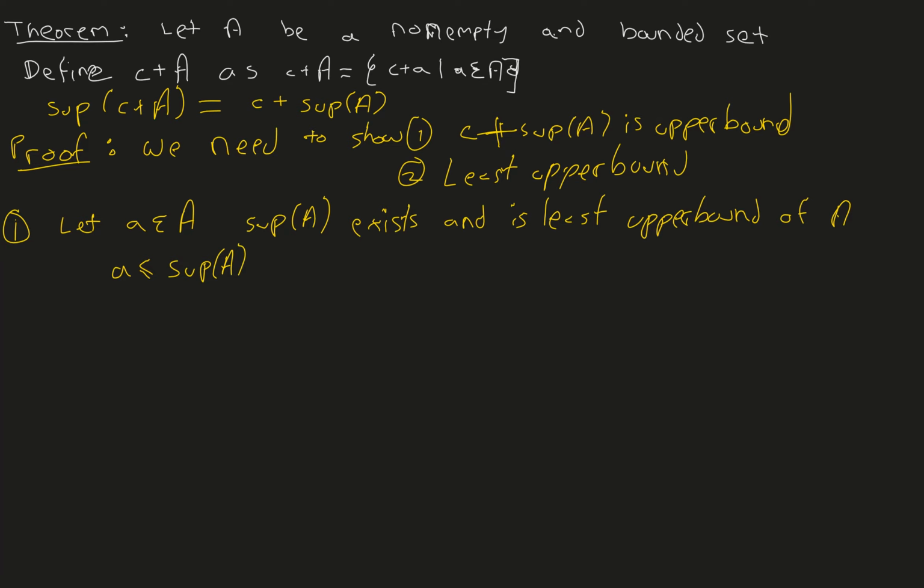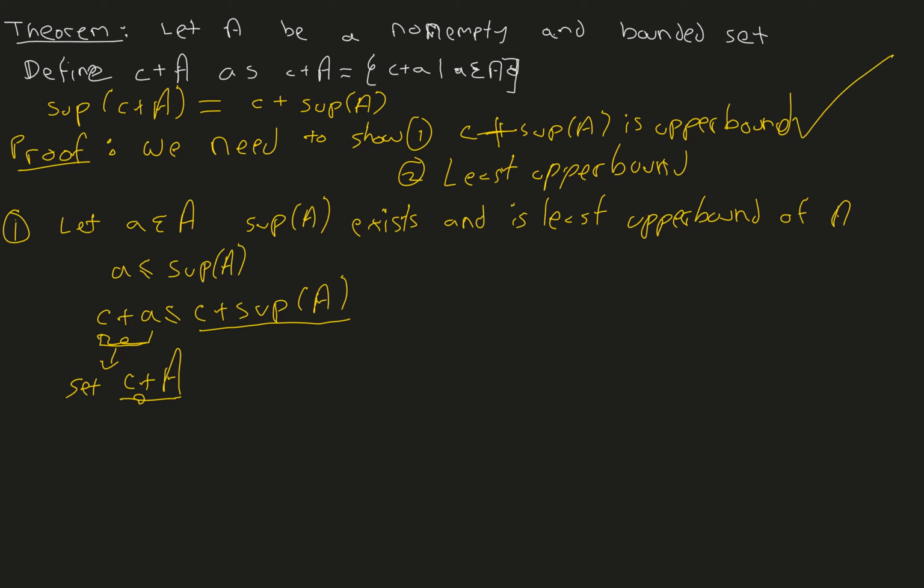So let's just add C to both sides of the inequality. Now we get C plus supremum of A, and remember that C plus A is the set C plus A. So we get that all elements in C plus A are less than or equal to C plus supremum of A. So we have just proved that C plus supremum of A is an upper bound.